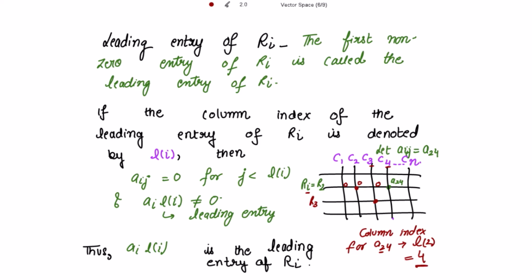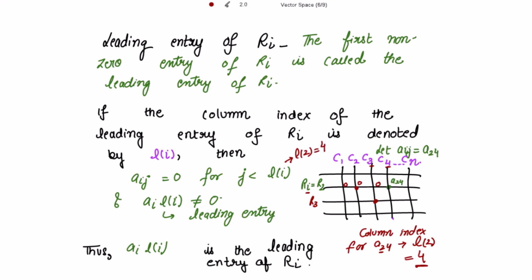So what they are saying is Aij is equal to 0 for j less than Li. Let's say for A24, Li is L2. And the value of L2 is the column number where this entry is present, the fourth column. So the value of L2 is 4.